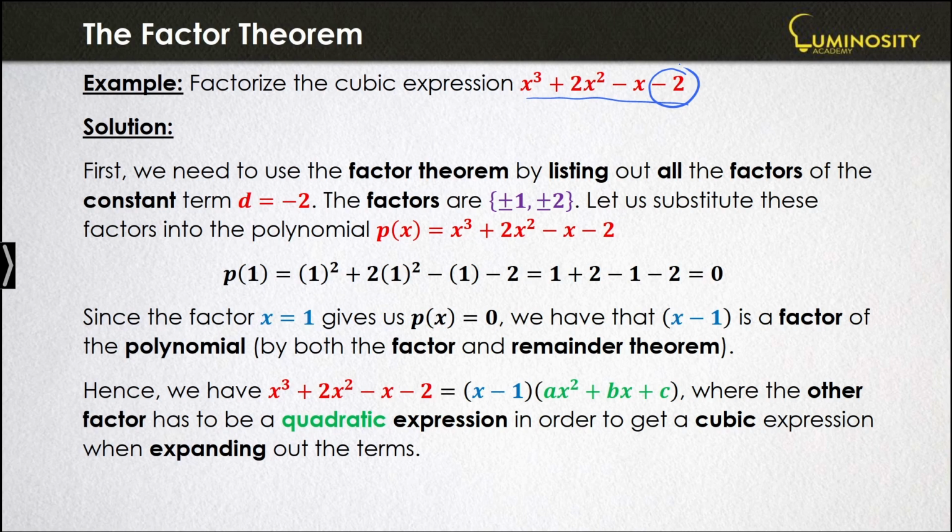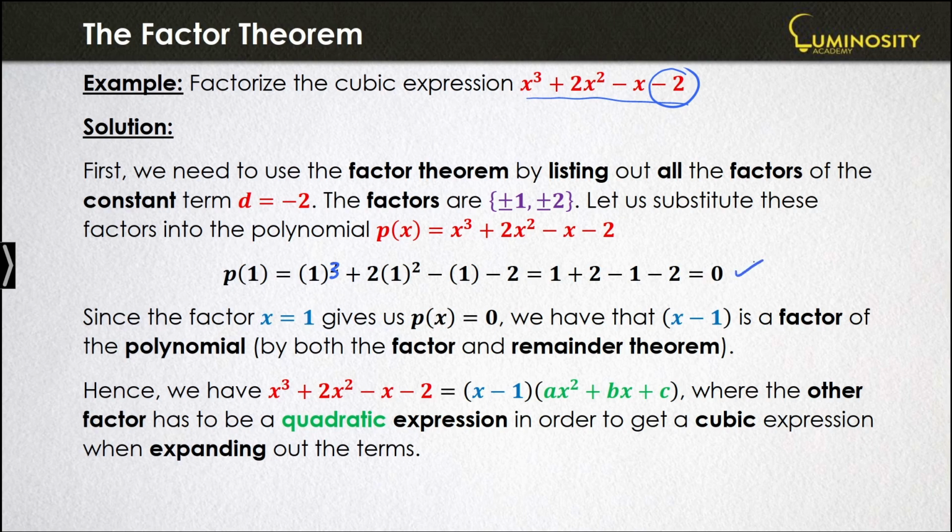This is a trial and error sort of procedure where we iterate through all the factors to see if any of them give a remainder of 0 when we evaluate the polynomial. I was fortunate enough that when I took 1 and evaluated the polynomial, that's 1 cubed plus 2 times 1 squared, minus 1 minus 2, that gave me 0.